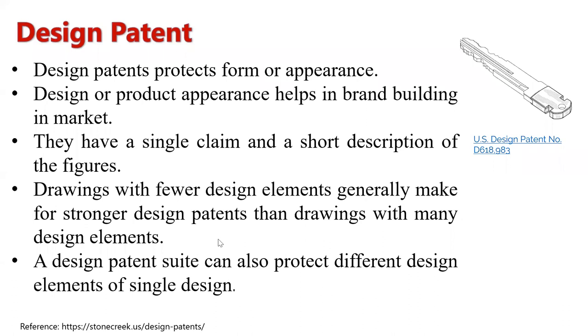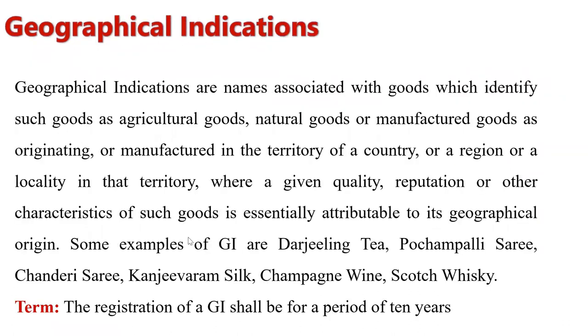Come to the geographical indication. A geographical indication refers to a product that is from a particular specific region, or has some characteristics, some quality, or some reputation.